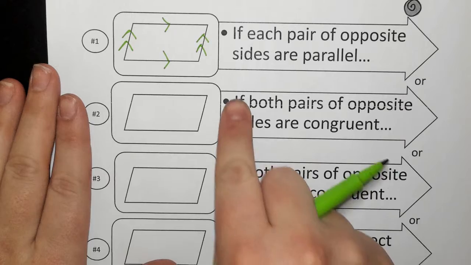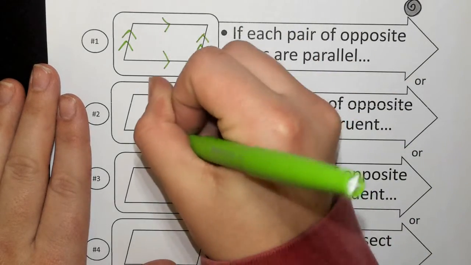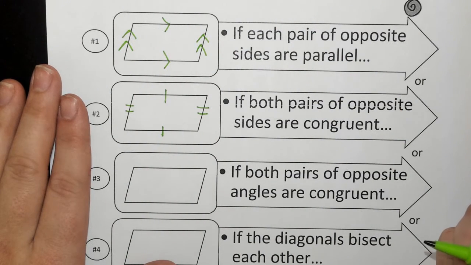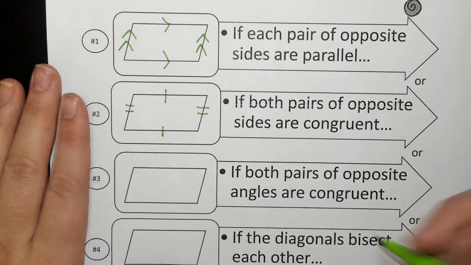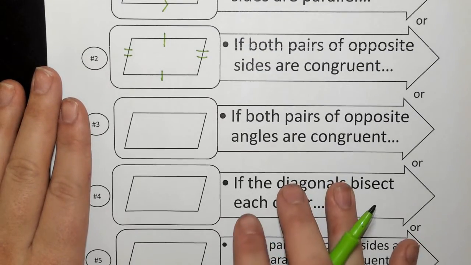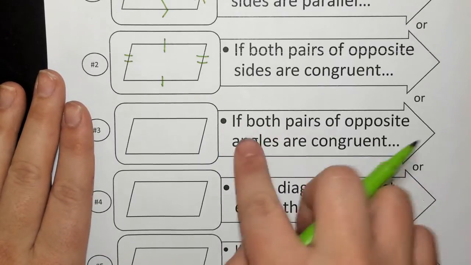Test 2, if both pairs of opposite sides are congruent. If you see this, then it passes the test. If both of these are the same and both of these are the same. Pretty easy so far?